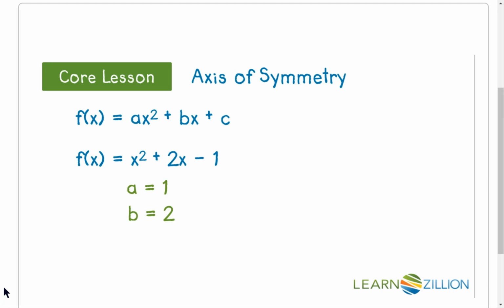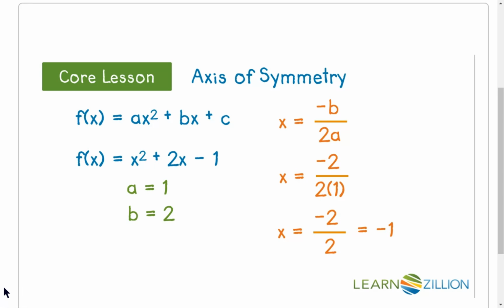B is equal to the coefficient in front of the x term, so for us, b is 2. We do not use c for the axis of symmetry. The formula for the axis of symmetry is x is equal to negative b over 2a. Substitute in our a and b. We end up with negative 2 over 2 times 1, which is negative 2 over 2, or x is equal to negative 1.